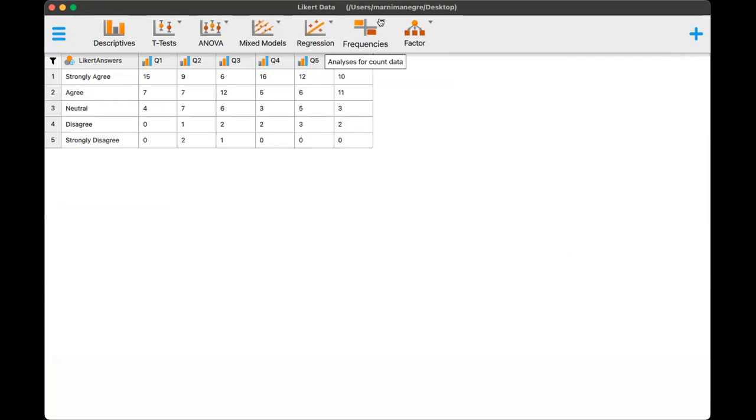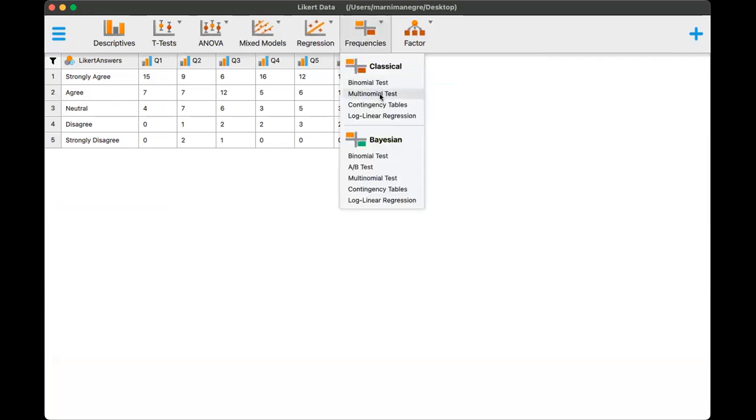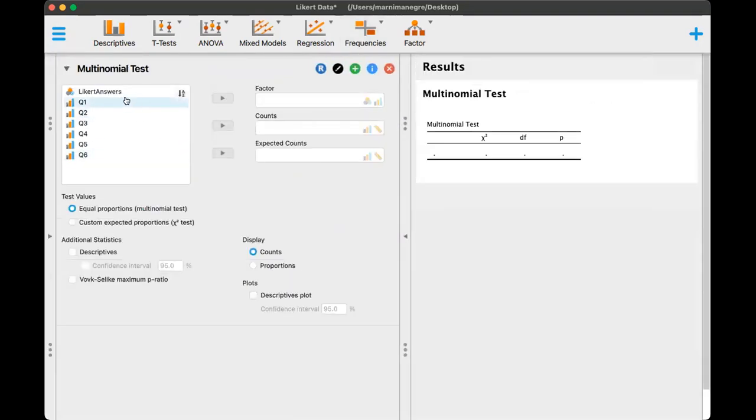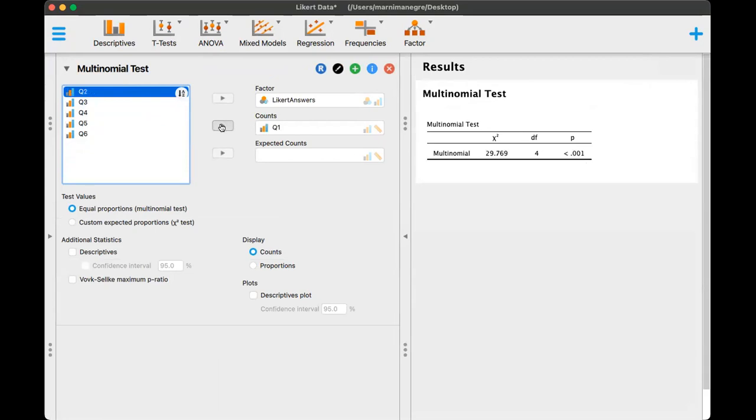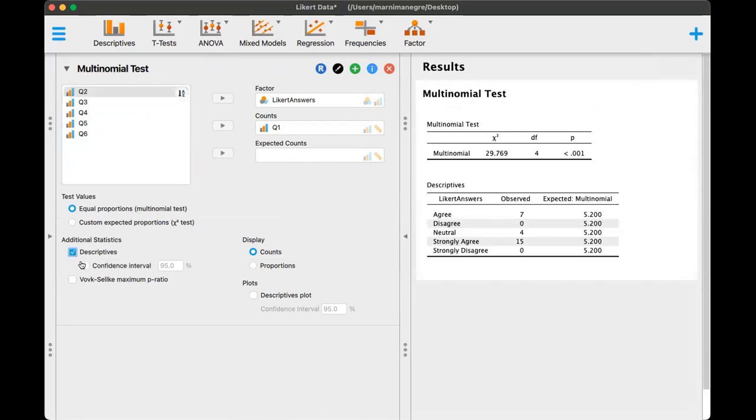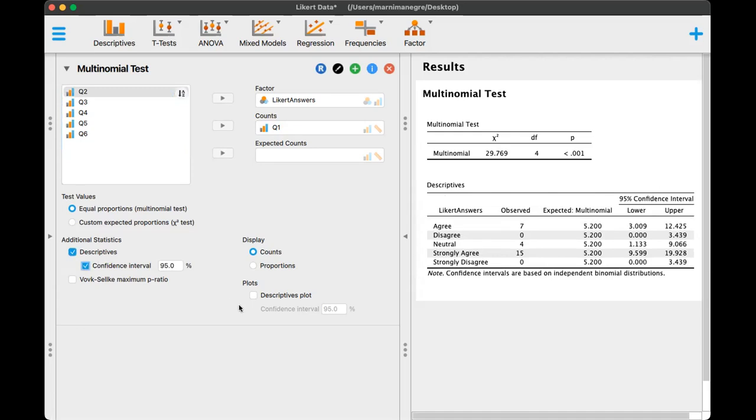Now I'm going to go up to frequency, and I'm not going to go to contingency table. I'm going to go to multinomial test for the goodness of fit, take this over into factor, put this into count, and then I can leave it because we want equal proportions. And then we want to click on descriptives with 95% and put on the descriptive plots.